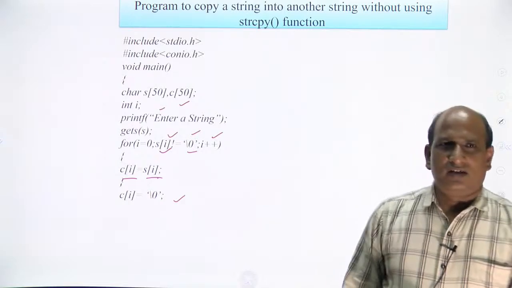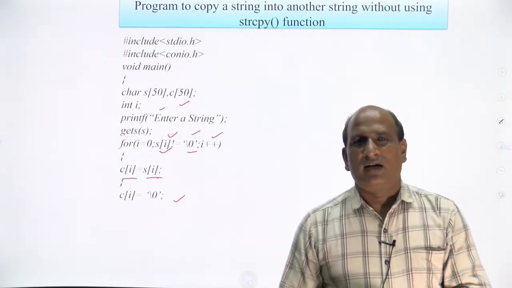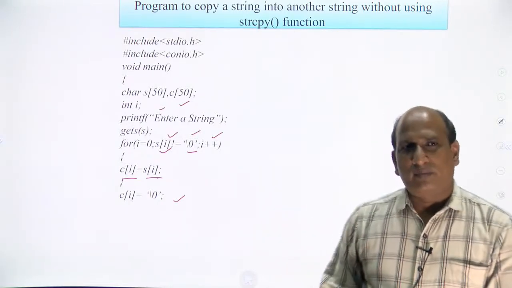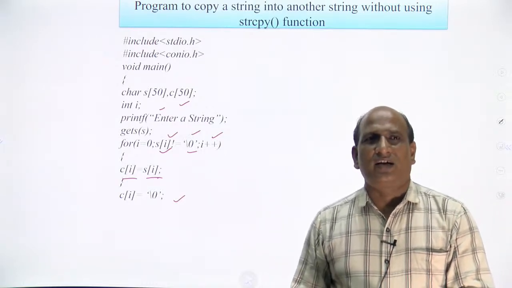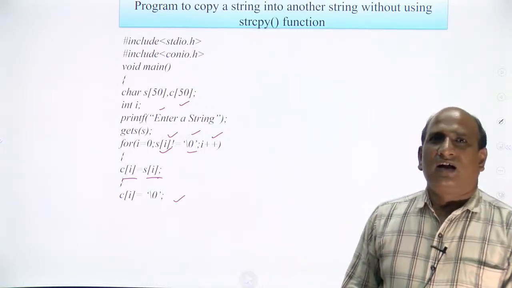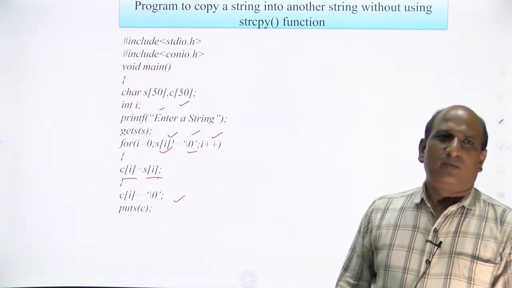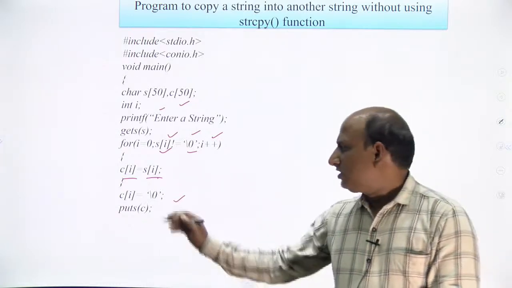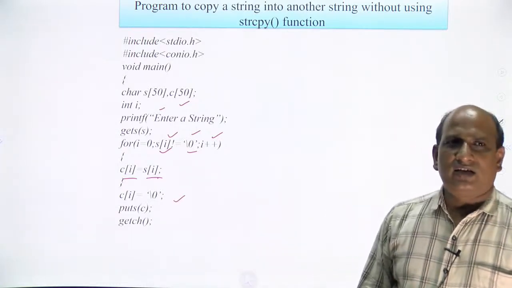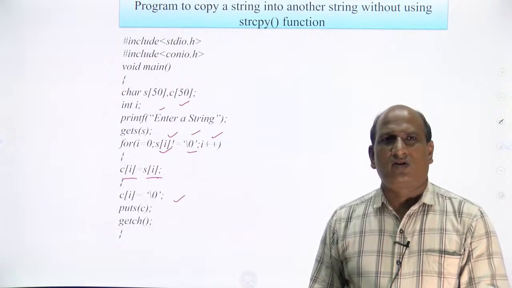So this c has been created now by your own logic, by copying each and every character of the s string until the null character arrives, and finally we can print it by puts(c), and we can see that the string s has been copied.